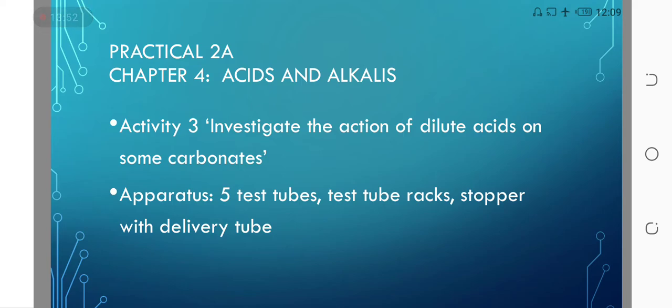As we have discussed the action of dilute acids on metals, now it's time to investigate the action of dilute acids on carbonates. The apparatus required for this activity is 5 test tubes, a test tube rack, and a stopper that carries a delivery tube.